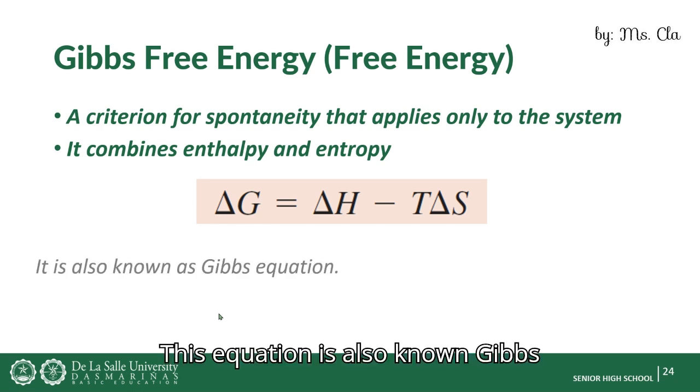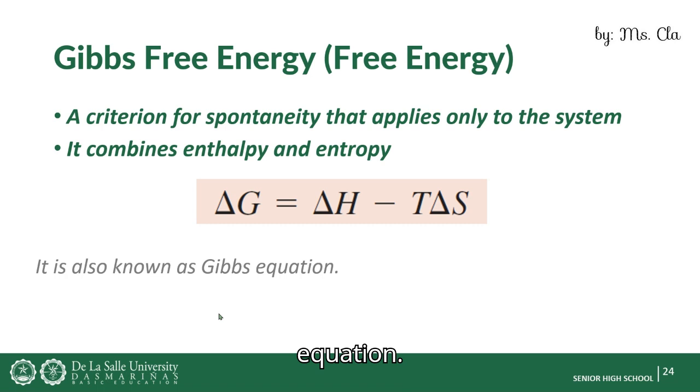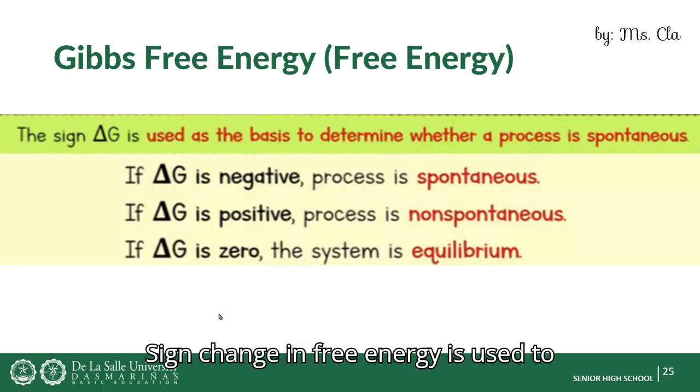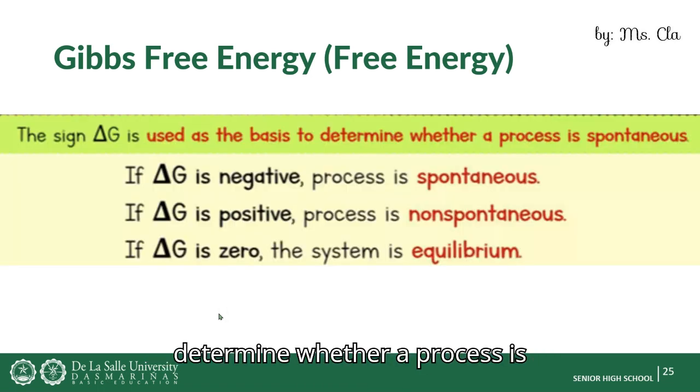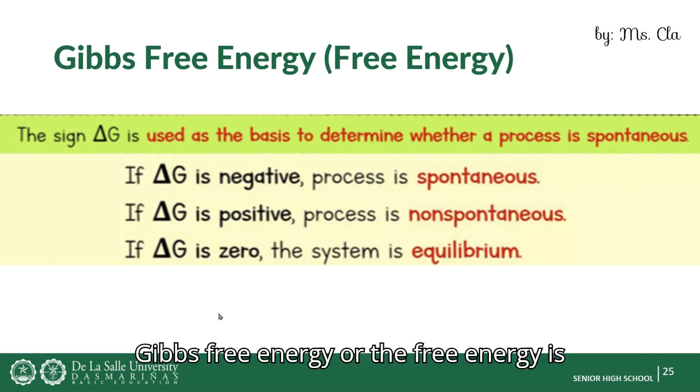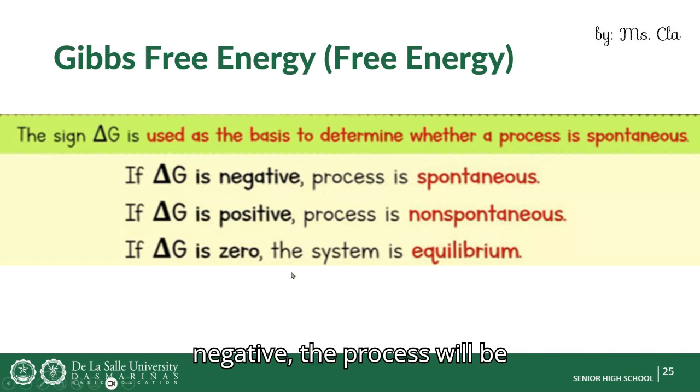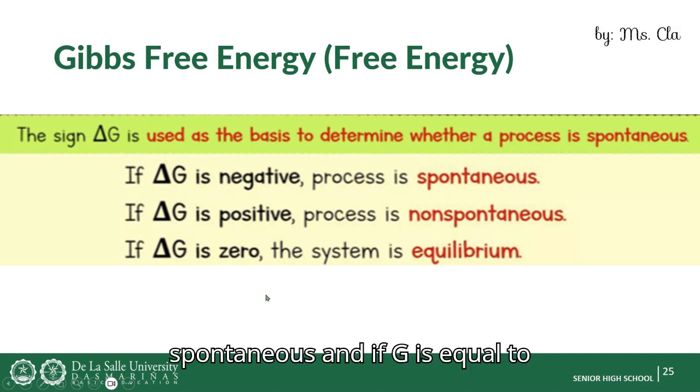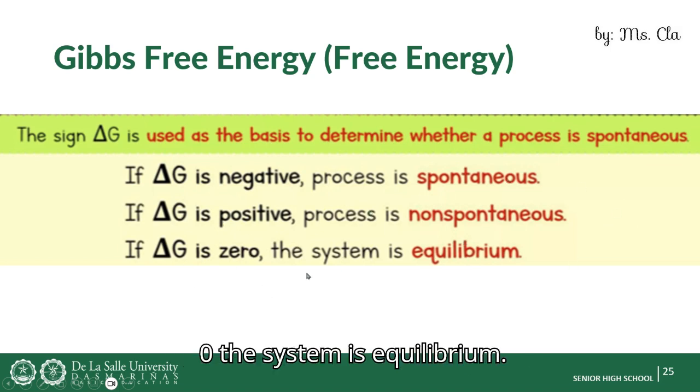This equation is also known as the Gibbs equation. The change in free energy is used to determine whether a process is spontaneous. If the Gibbs free energy is negative, the process will be spontaneous. If it is positive, it will be non-spontaneous, and if G is equal to 0, the system is at equilibrium.